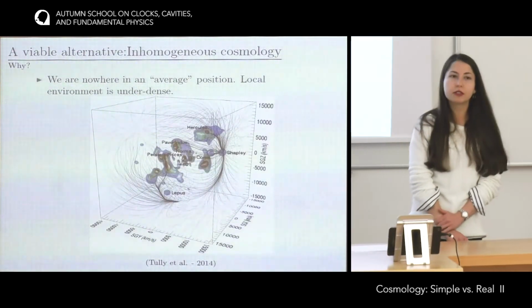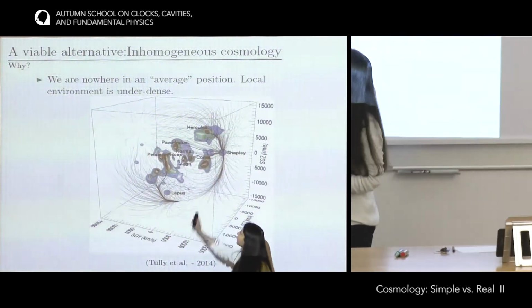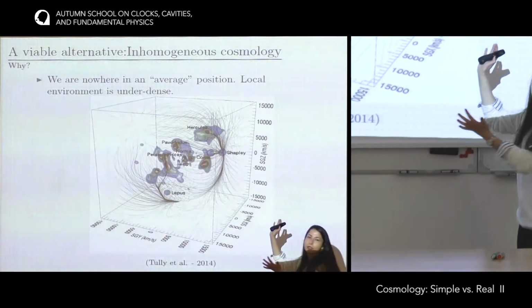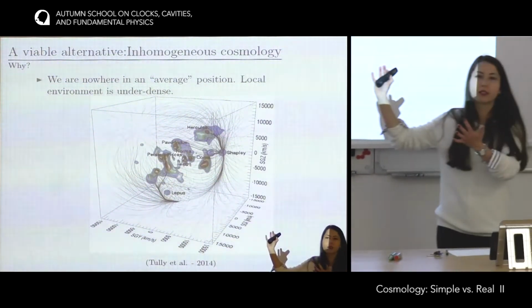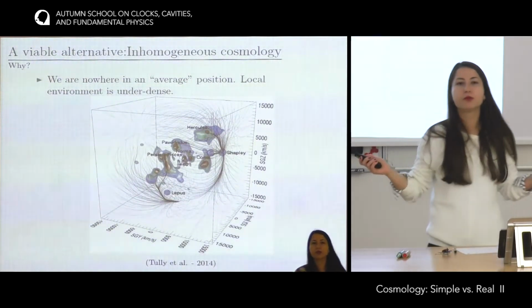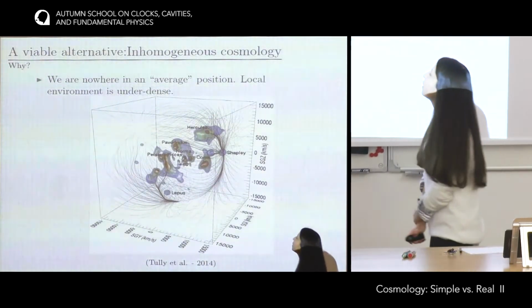So this is our local neighborhood. We're living in this Virgo cluster, and this is the KBC void that I was talking about. It's an underdense region, and when you compare it to the average distribution in the universe, it's really, really underdense.